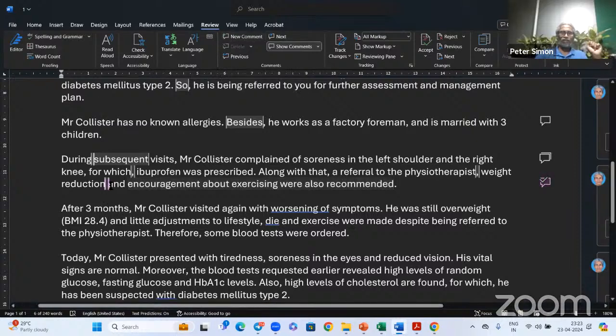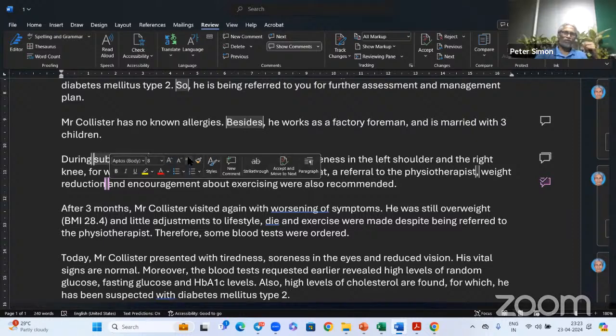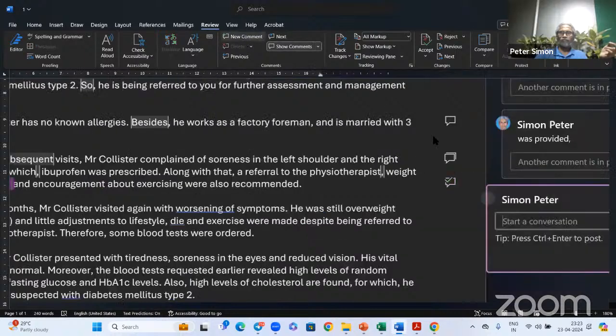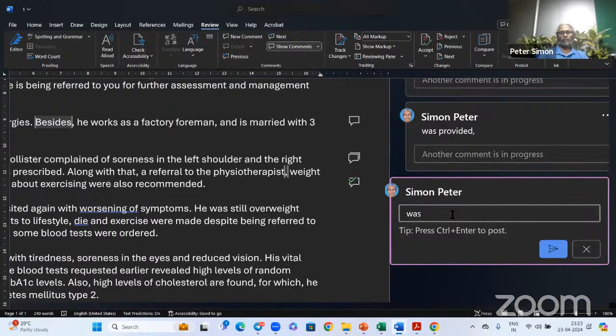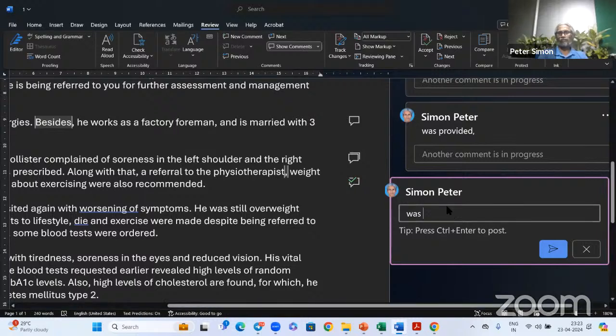Here weight reduction was recommended or advised. Weight reduction was recommended.